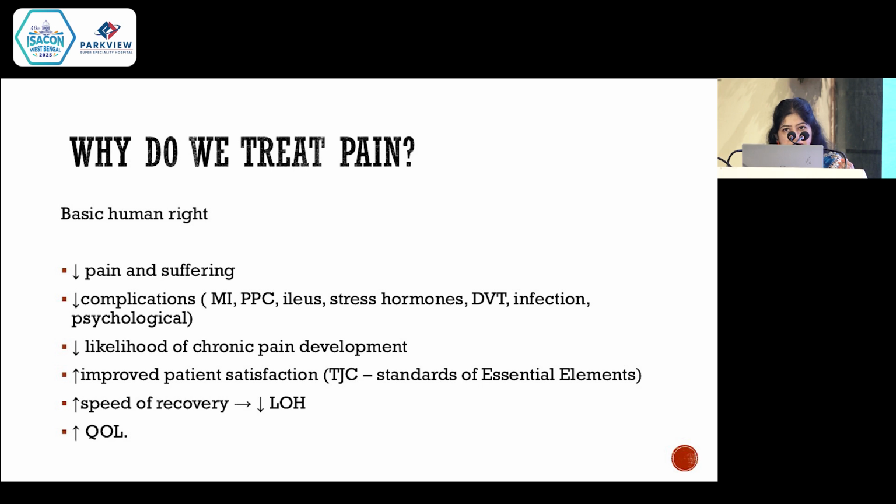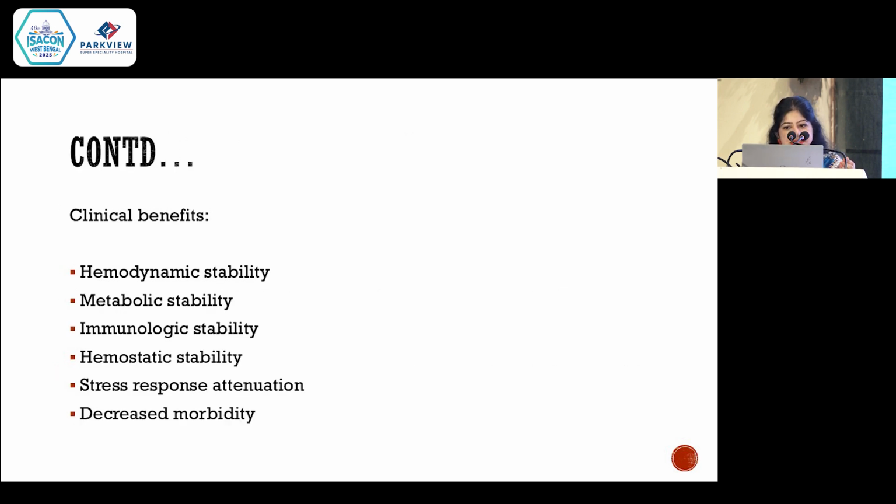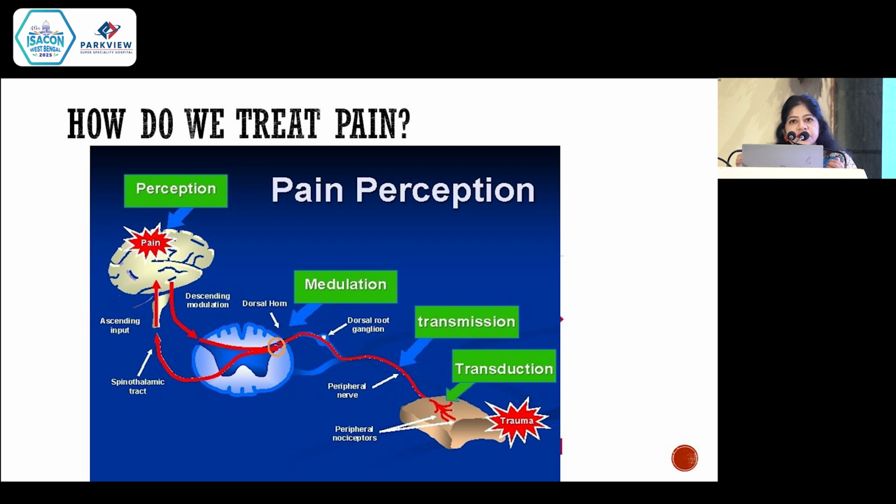As we see, the scars have also been reduced up to this much. So the sources of pain have changed from midline to thoracic regions. So we have to change our pain management strategies from traditional to some advanced way.